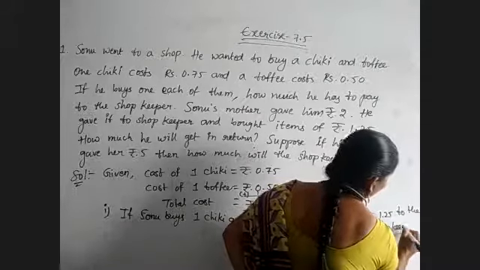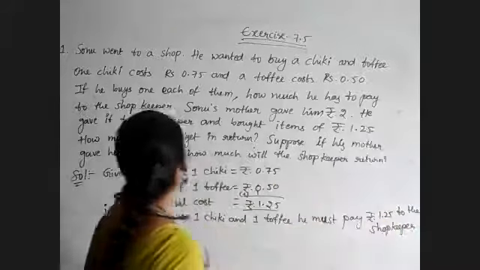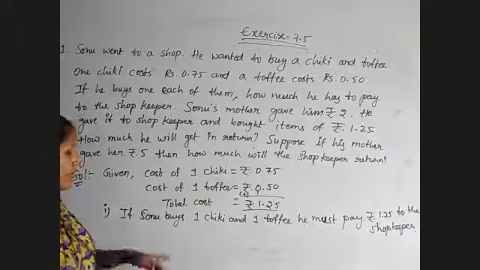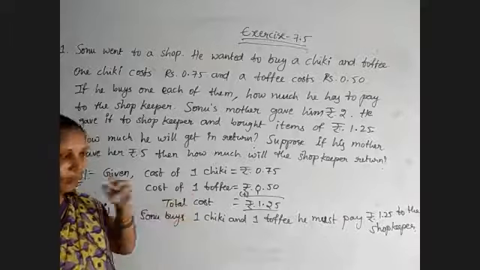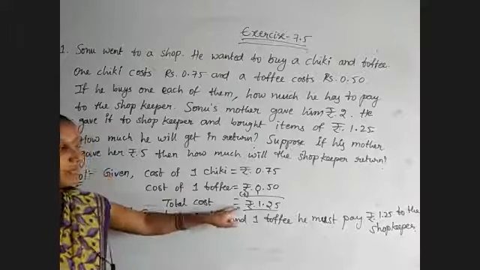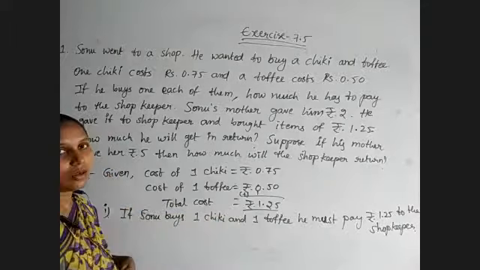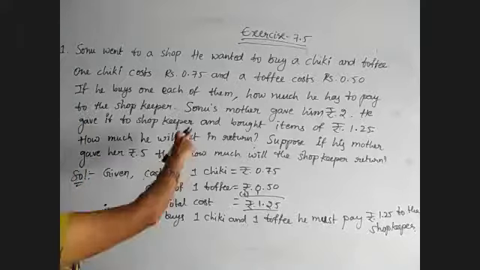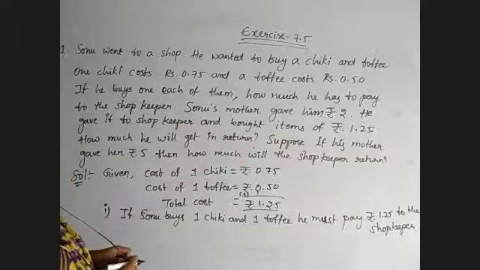So this is the first question. If he buys one each of them, means one chicky and one toffee, in that case he must pay 1.25 rupees. Okay, and then Sonu's mother gave him 2 rupees.